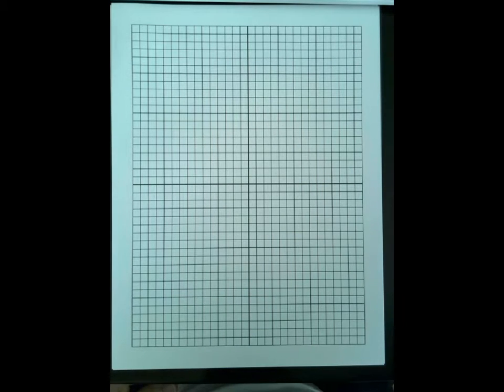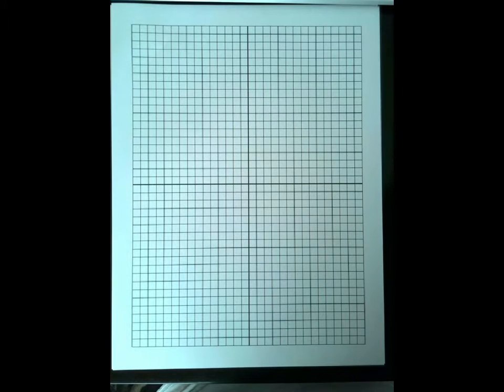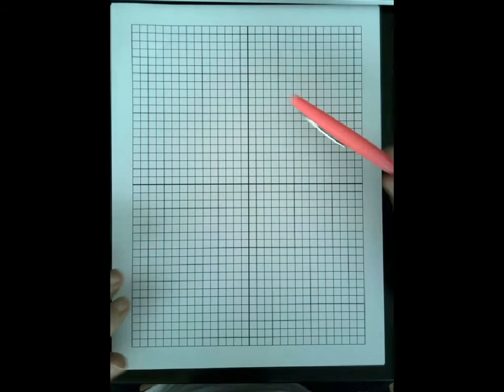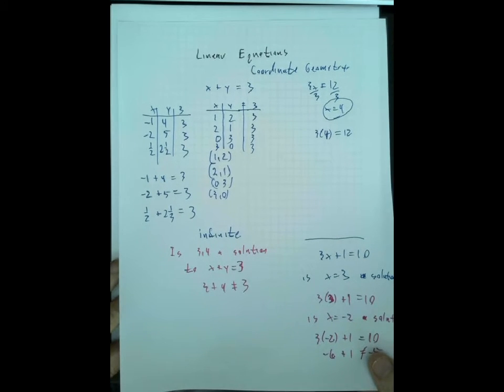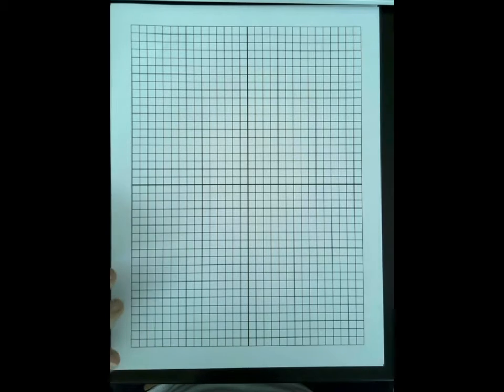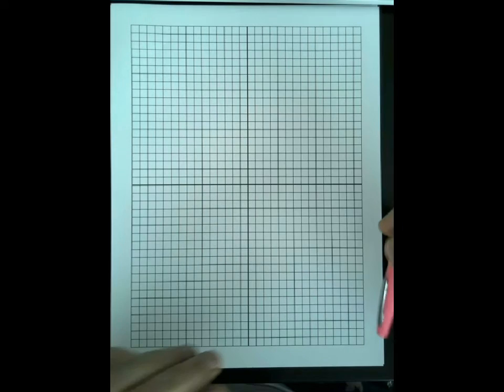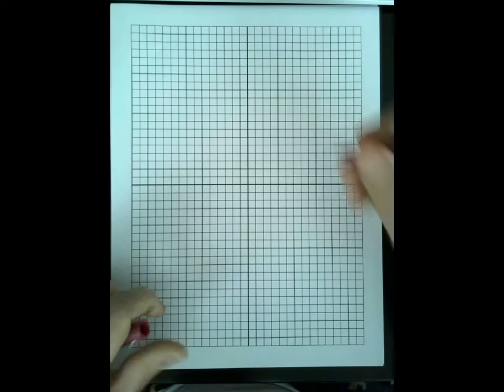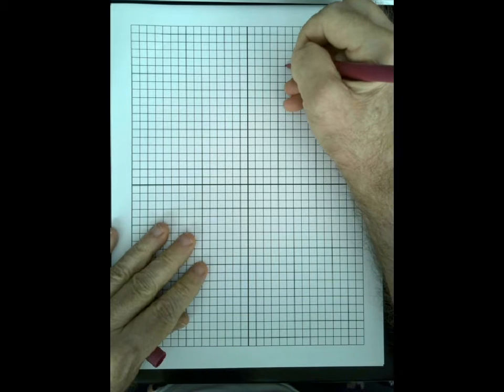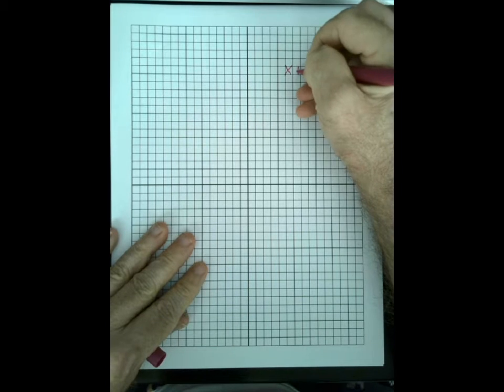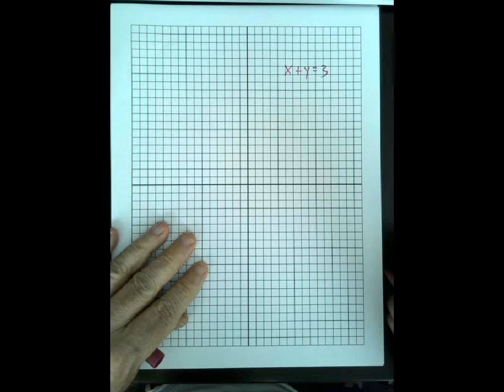So what we're going to do is plot these points that we found for x plus y is equal to 3. Here is x plus y is equal to 3, right?